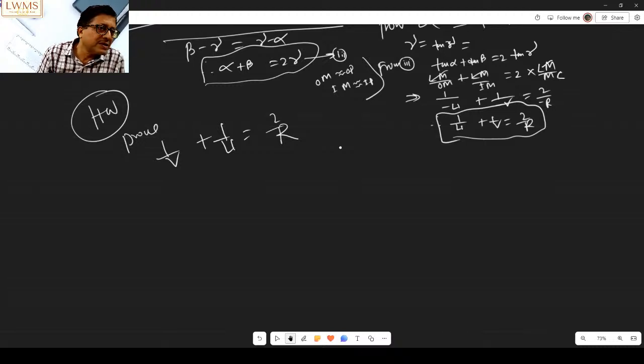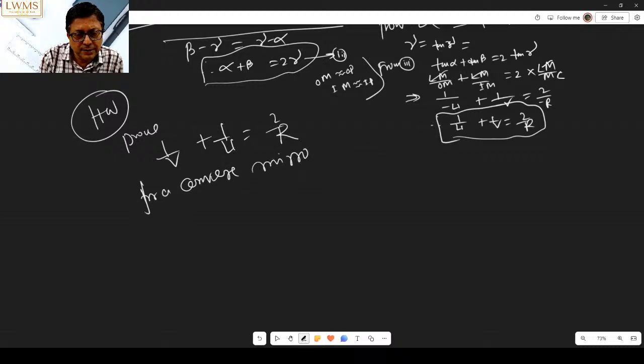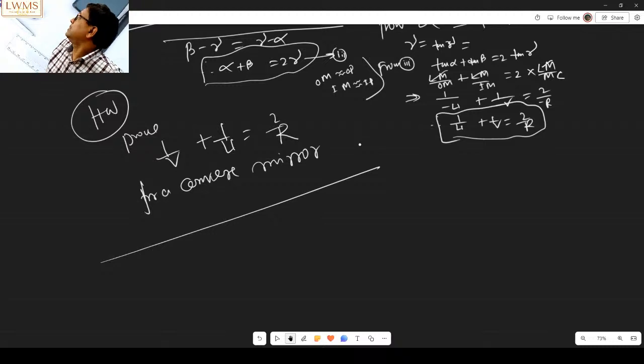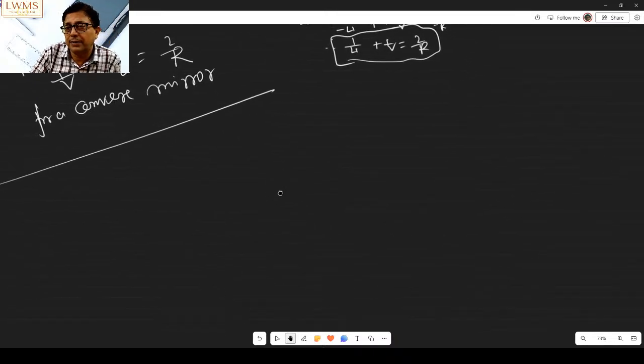This is for a convex mirror, you will prove. Prove for a convex mirror. Clear? Definitely try this. Same manner, same kind of ray diagram.